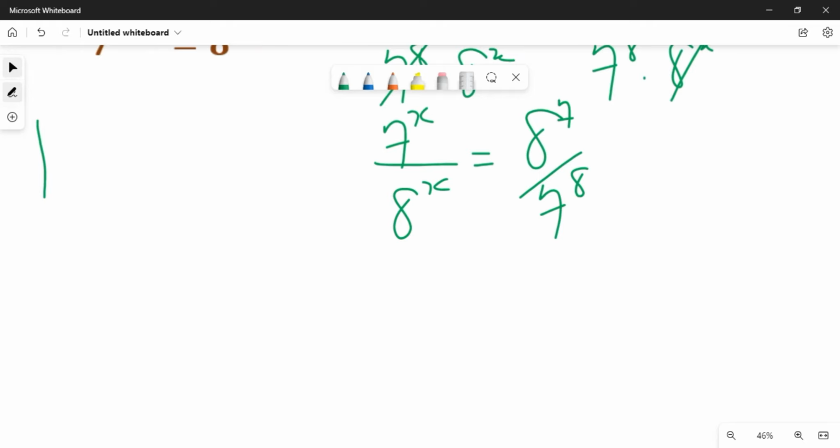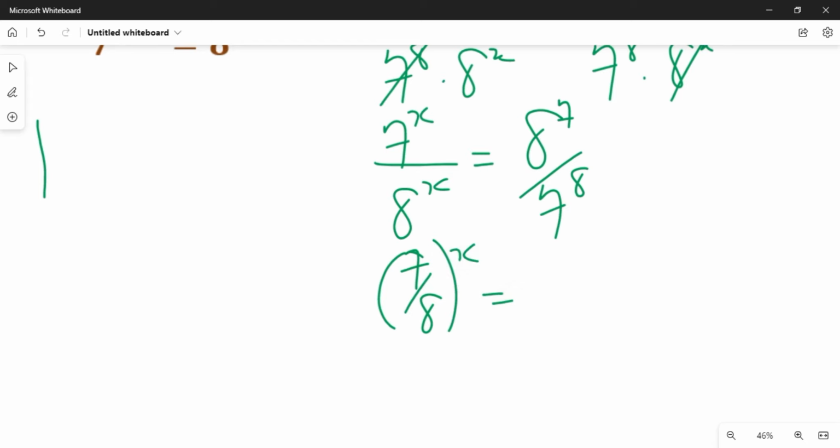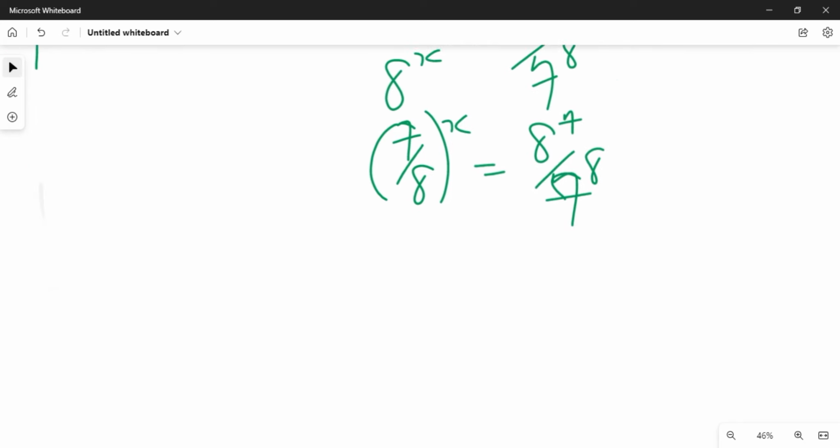So we're going to simplify further. To simplify further, we are going to simply bring out this, and this will be 7 over 8 raised to power x equal to 8 raised to power 7 over 7 raised to power 8. So we're going to take the logarithm of both sides.